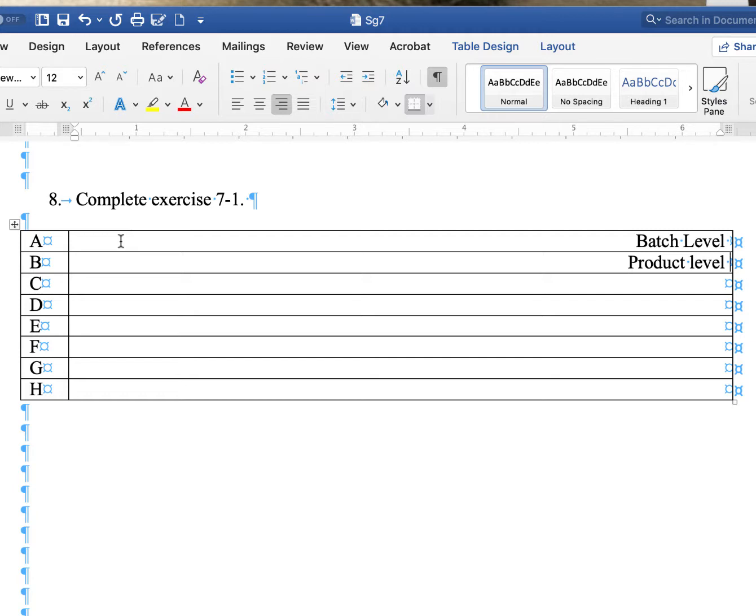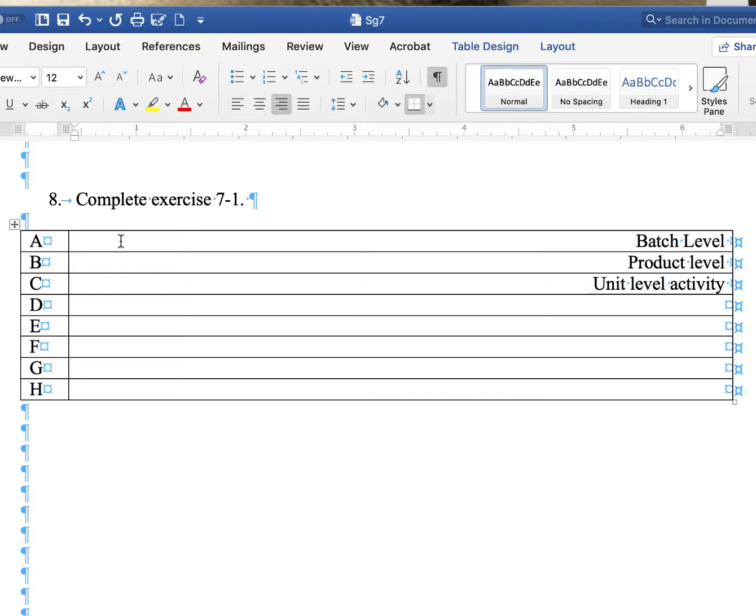C is you do rough milling work on products. Well, think about it. Each unit is going to have to go through the milling department. That would definitely be a unit level activity. I think that C is pretty set in stone, right?